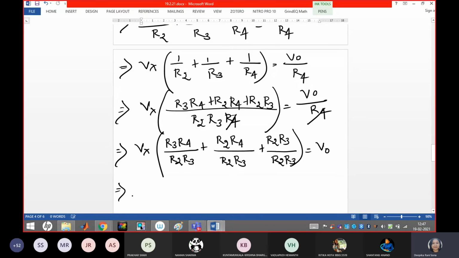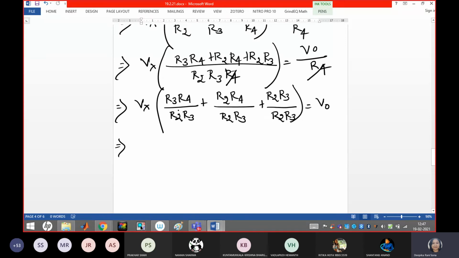Tell me the next step, guys. Which term will get cancelled out from the first term? R3 R3. Second term R2 R2. Last term the whole one.